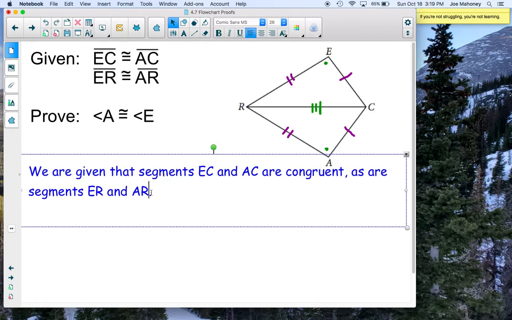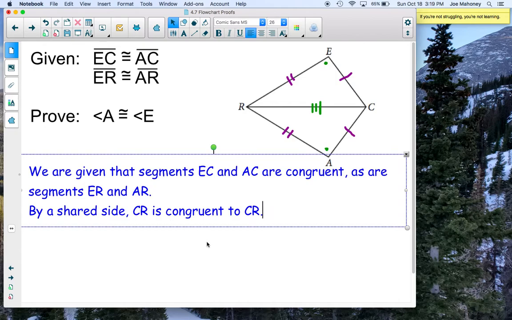So maybe we'll list something like, by a shared side, we'll say that CR is congruent to CR. Okay, I'm typing it out in words just because since I'm typing on the computer, it's easier for me to do that instead of writing the congruent symbol. So bear with me when I do that.